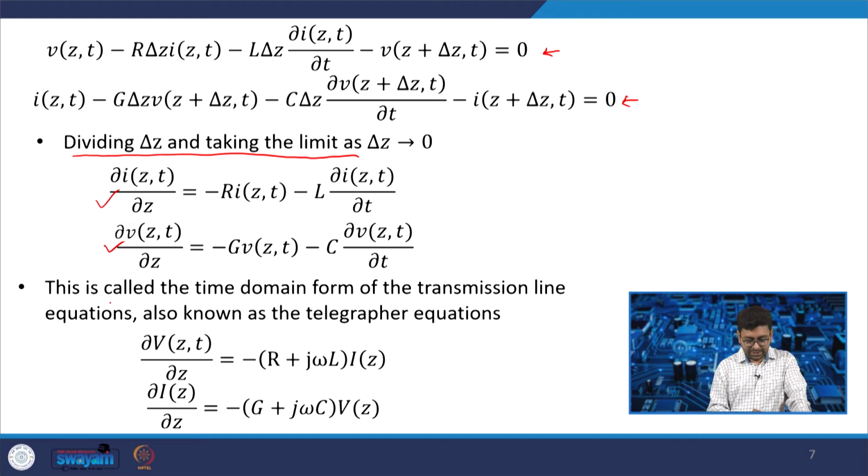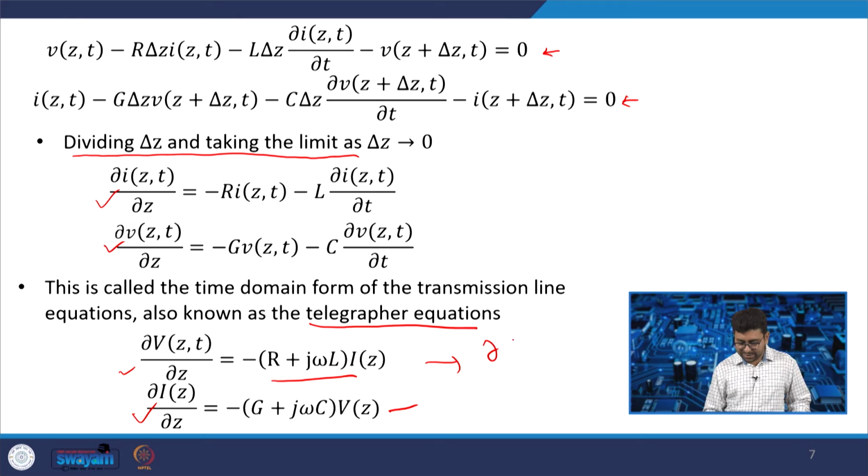This equation is called the Telegrapher's equation, which you can write based on the transmission line KCL and KVL. In phasor form, del V(z) by del z is equal to minus (R plus j omega L) I(z), and del I(z) by del z is minus (G plus j omega C) V(z).